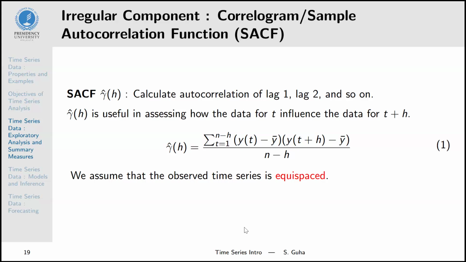Okay, so this is the formula. I have already told you, but this is the mathematical formula for calculating the sample autocorrelation function. But there is a problem with the sample autocorrelation function.